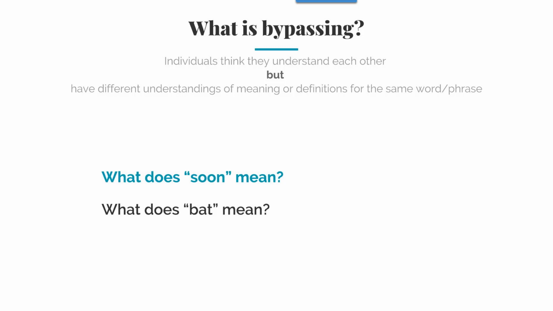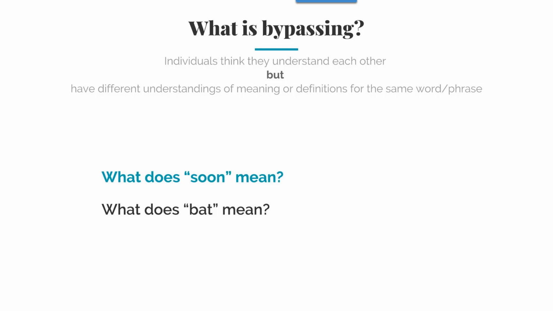Now, let's say I am in a different part of the world and I say, can you get the bat? I expect them to get one thing. They might get something different. So they might grab their cricket apparel, right? Different words can mean different things. And I've seen people have blazing arguments about a topic when they both had different words for what they were talking about.